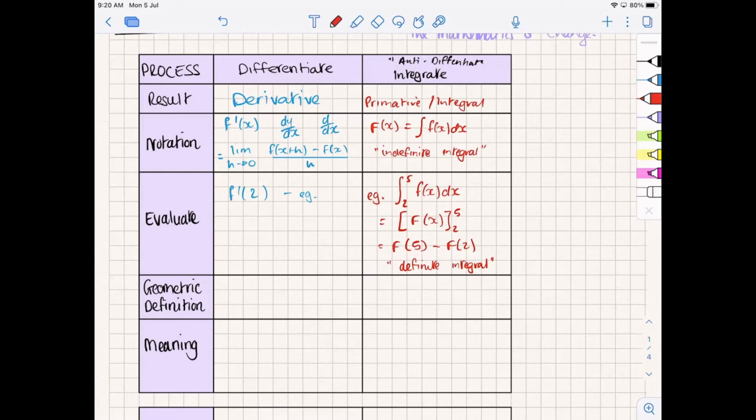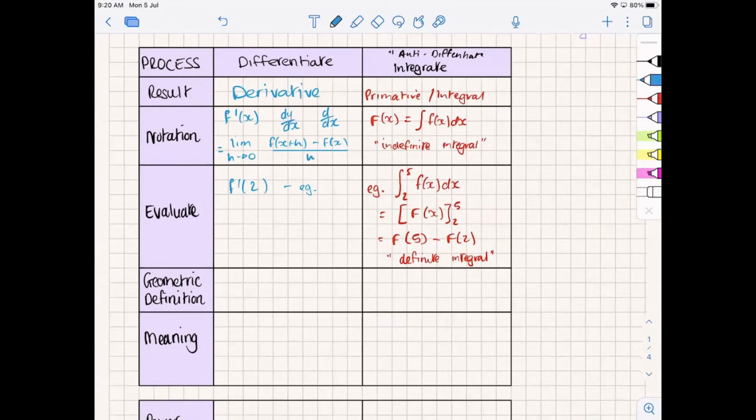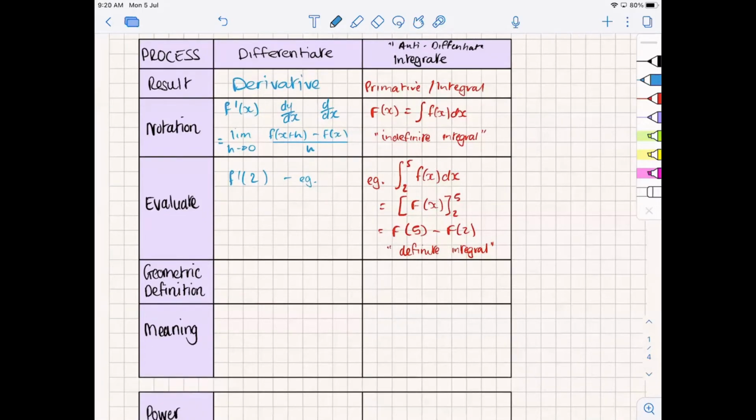What does differentiation actually mean? What is that f dash 2 giving me? If I asked you for the value of the derivative at x equal to 2, what is that output giving you? It's giving you a very specific thing, geometrically.